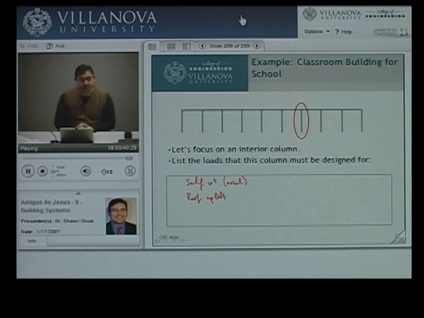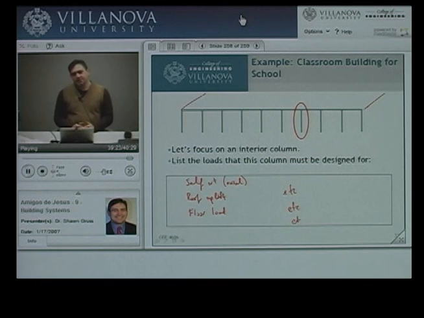It's also possible that I have some floor load, if I've got a floor system here with a slab where the load comes in from the beams, and on and on and on. So again, the exercise for you in each individual element is going to be to figure out what loads you have to design for based on what your structural system looks like.